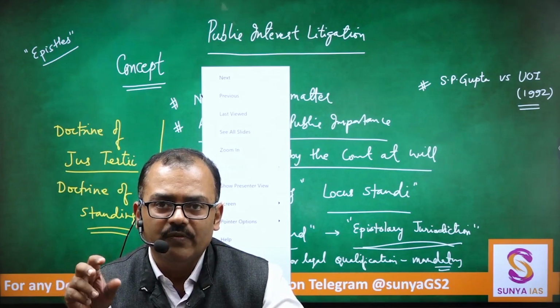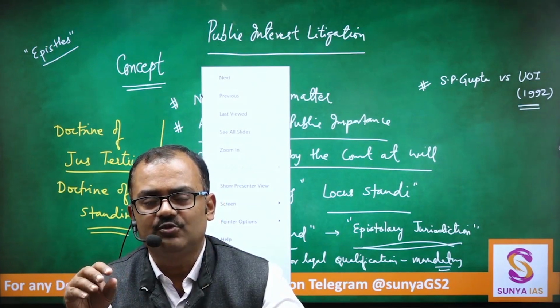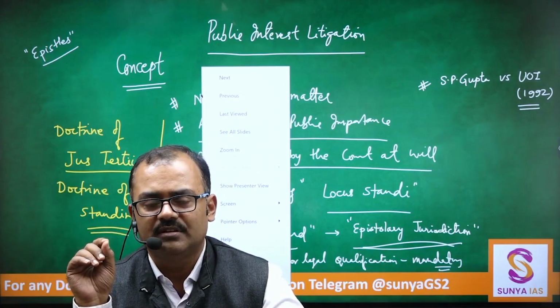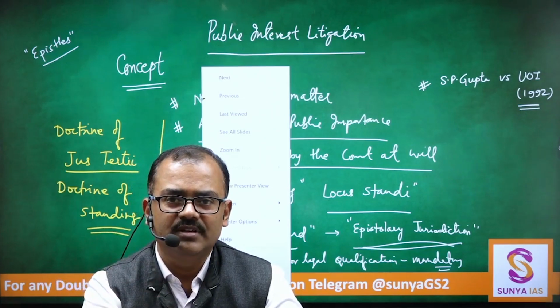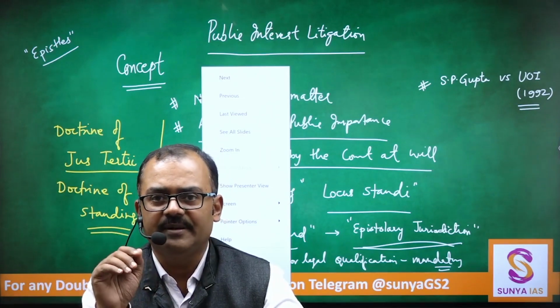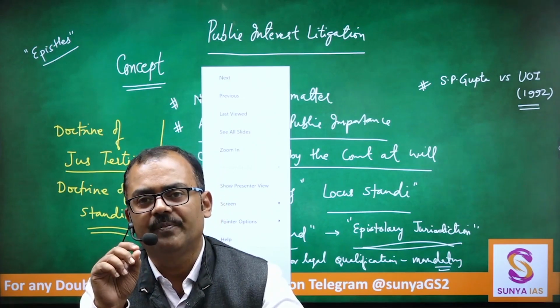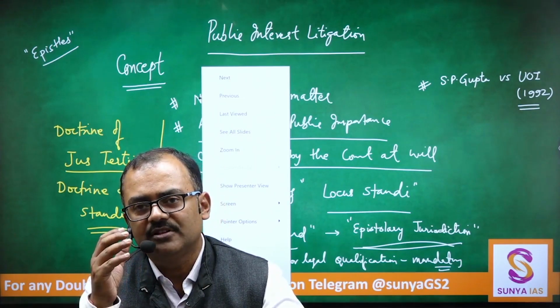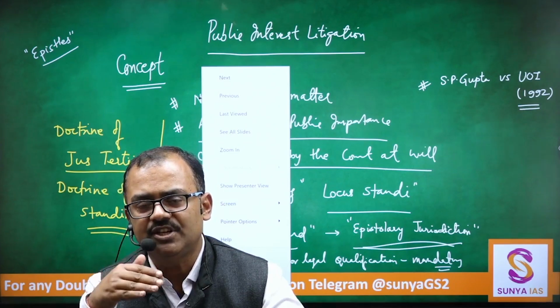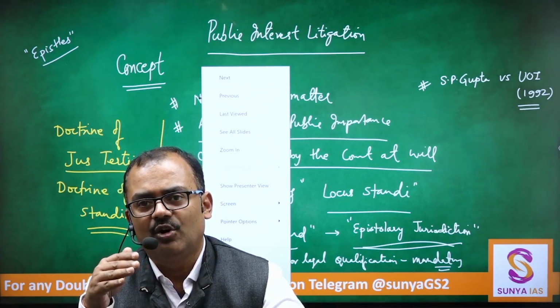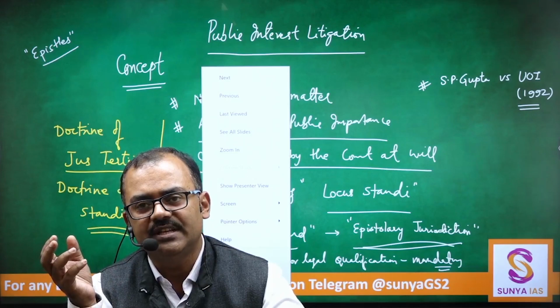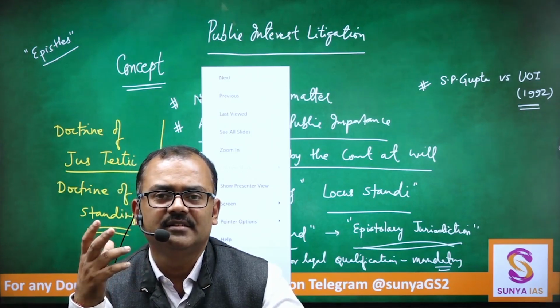It's a kind of overreach, trying to reach where the court should not reach, trying to enter into the executive and legislature unnecessarily. Their task is not to make law, but they are trying to make law. So judicial overreach, judicial adventurism, or elitism of the judiciary are reflected in PIL.